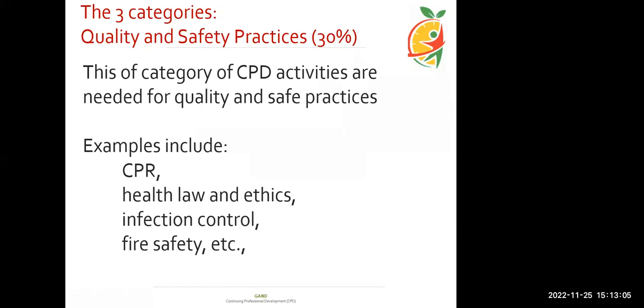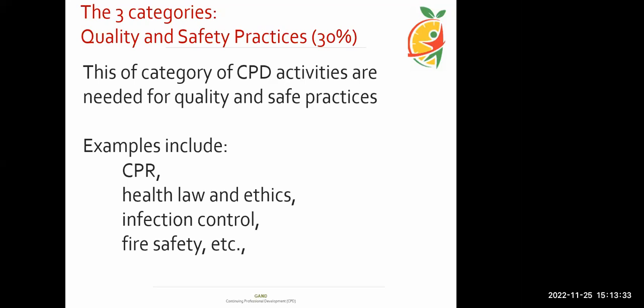In the past 3 weeks or so, many of the CPD activities that we have done are aimed at building your safety and quality practices. We look at autonomy: you need to know that the client has autonomy, and you also have autonomy. You look at beneficence: you must do no harm. You look at justice. Those are concepts.